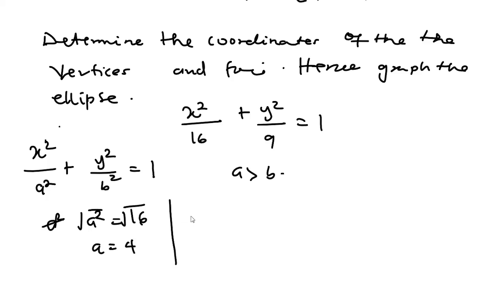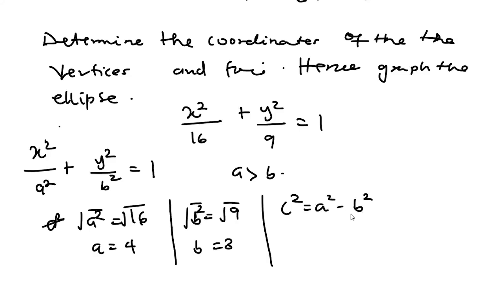Now our b squared will be equal to 9. Root of this, our b is equal to 3. Now in this case, we said that c squared should be equal to a squared minus b squared.